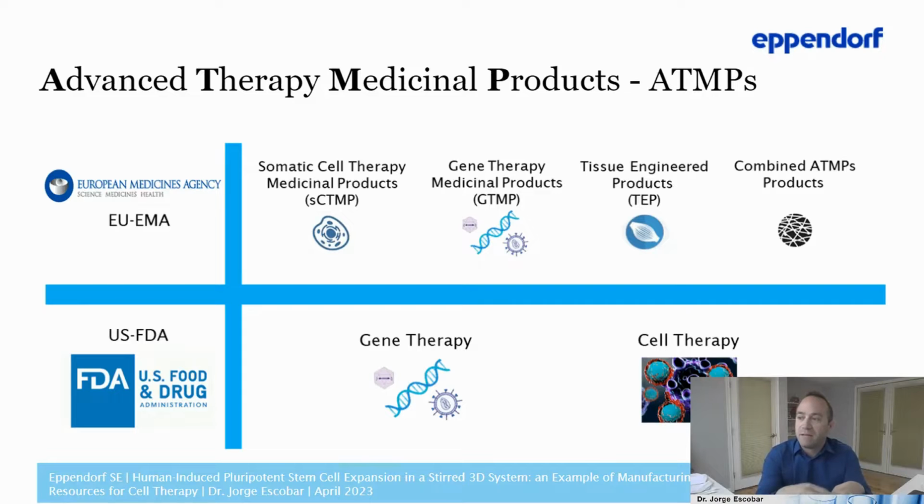As you see in the slide, the US and EU have different regulations, but they have similar subclassifications like gene therapy and cell therapy. In the case of Europe, there are two more subclassifications: tissue engineered products and combined ATMP products, which could be, for example, a medical device like cells embedded in a matrix or a scaffold for tissue regeneration.